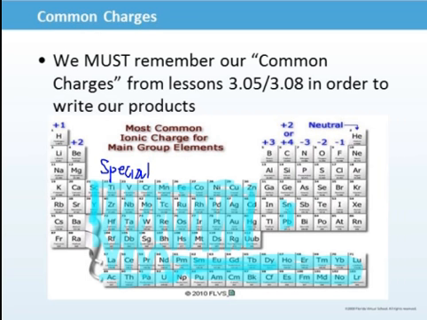So these metals are the ones where it could be +1, +3, +4, +5, it just depends on the metal. So you might want to go back and review the special metals to remember how to form those new compounds. But if you're one of the main group elements, you can just look at this periodic table and you will be able to tell what the charge is.